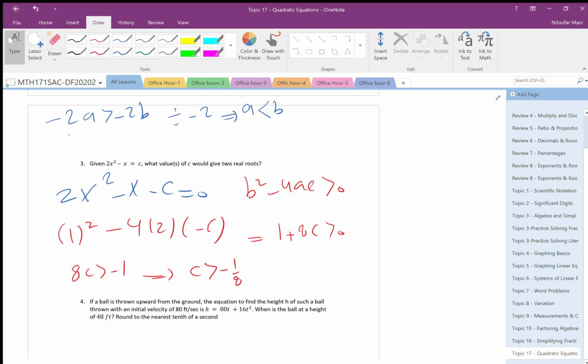But if I have 2a more than 2b and I divide by 2, a positive, I don't change. It stays a more than b. Here I divide both sides by 8, which is positive, so I don't need to change more than to less than. Do you know what I mean? That's an important note that you really need to know. If you have an inequality, more than or less than, and you divide both sides by a positive, you don't change the direction. But if you divide by a negative, you do.